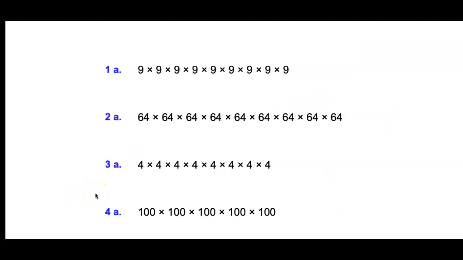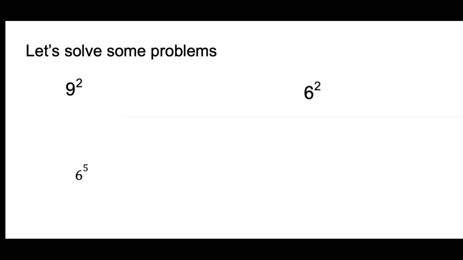So if we go to the next slide. So you could actually do these three on your calculator. So you would do the x squared button. Okay, and you put in 9x squared.